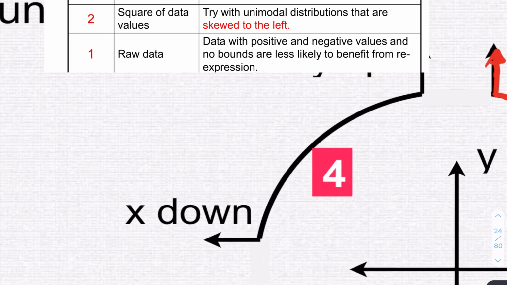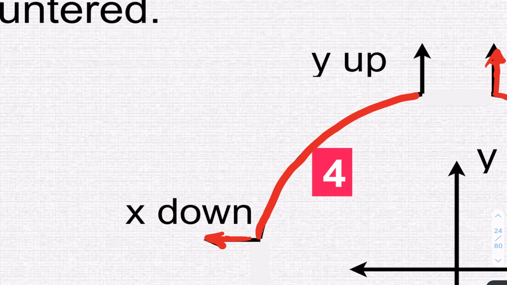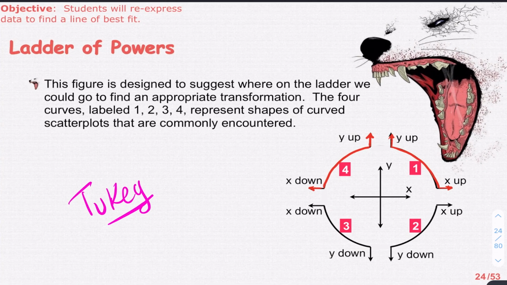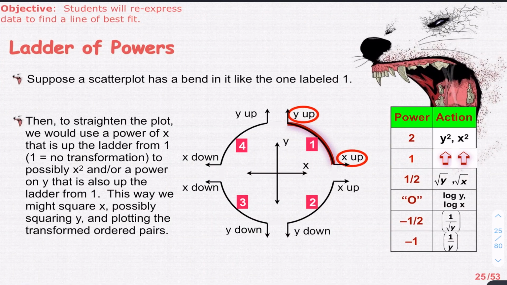If we were in quadrant 4 with this type of bend, it's saying we can either go down the ladder on the x values, so maybe take a log or the reciprocal function, or we could go up in power on the y. So that's how I want you to be able to read this graphical display. Usually we're going to try to fit this onto our curvilinear functions to see what direction we should go on our ladder of powers.